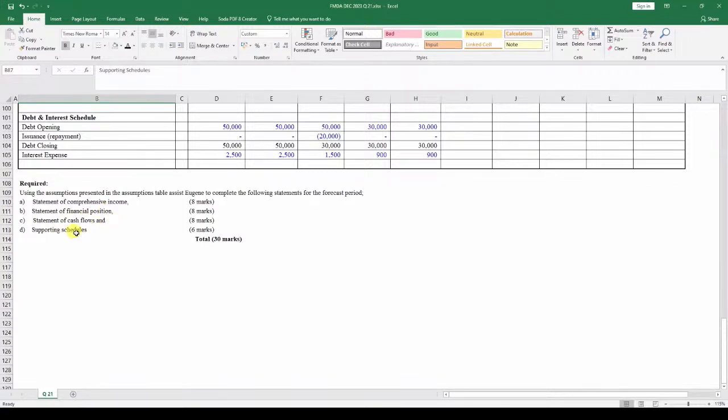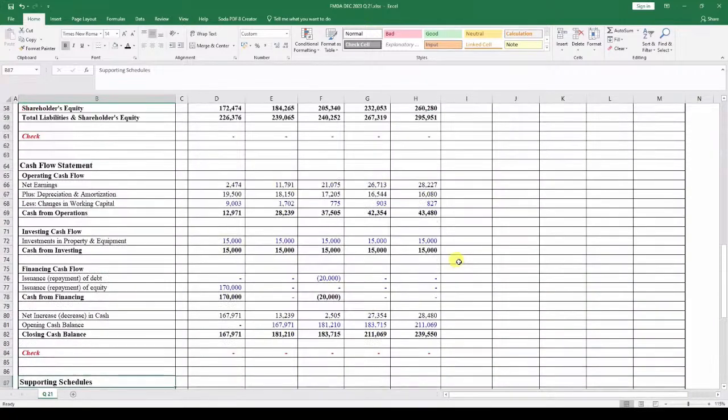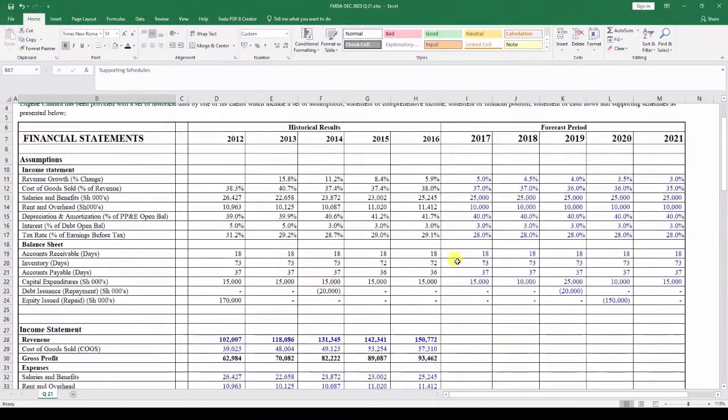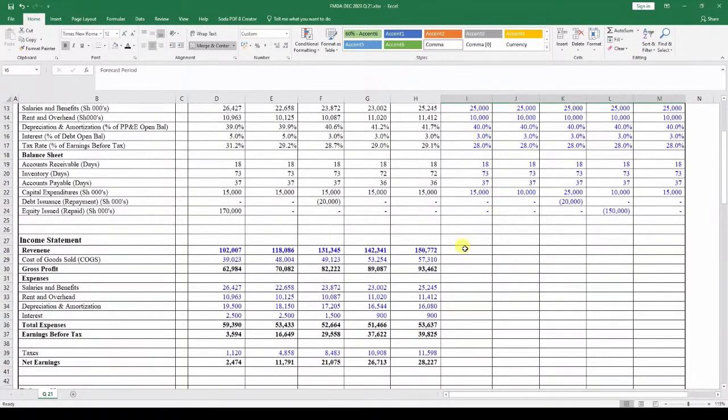All of these total to 30 marks. So we go back up and start filling out the income statement based on this forecast period right over here. So the forecast period is from 2017, and we are going to start with the income statement.